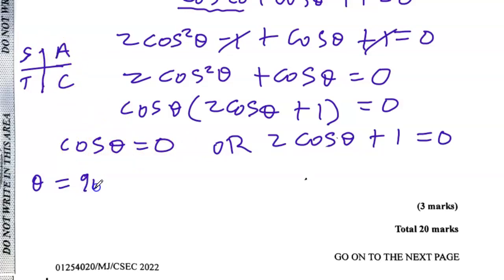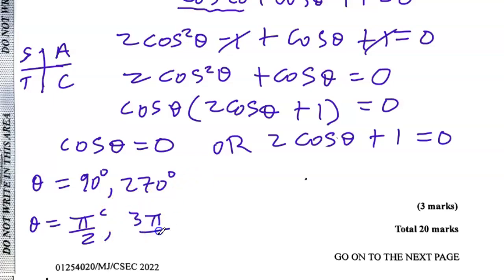It's 90 degrees, or 270 degrees if you're using degrees. And if you're using radians, 90 degrees is equivalent to how many radians? You multiply by pi over 180, so that's pi over 2 radians. And for 270, you multiply by pi over 180, that's 3 pi over 2 radians, if you want to give the answer in radians.